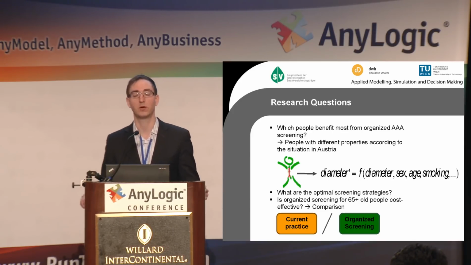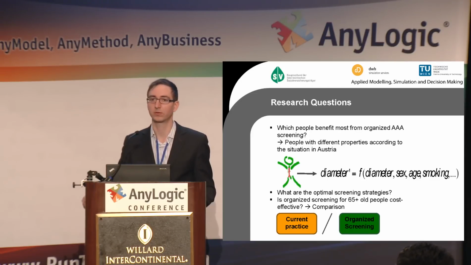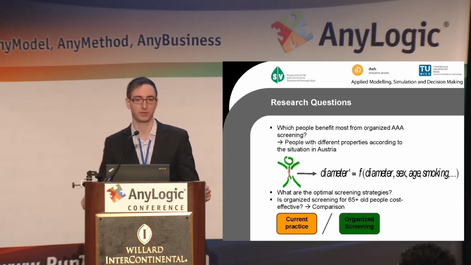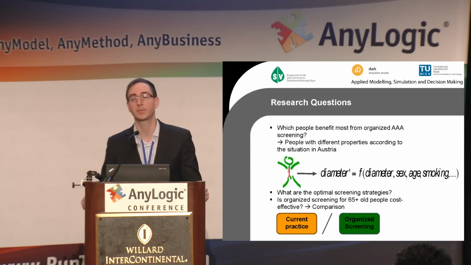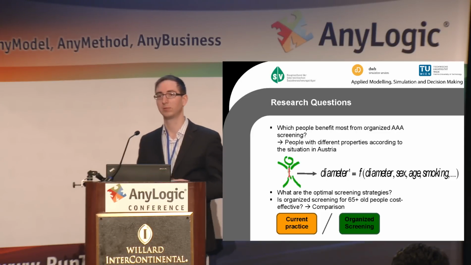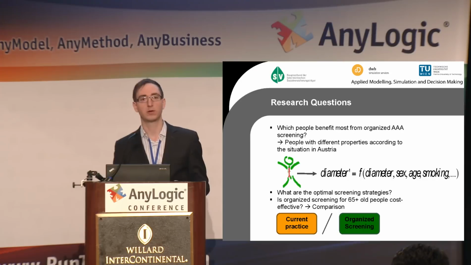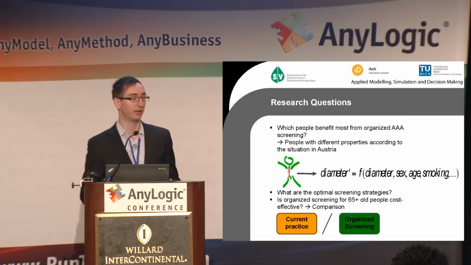These increase both the growth rate of an abdominal aorta as well as the rupture risk. So we had to model both the whole population as well as the individual growth of the abdominal aorta within a person.